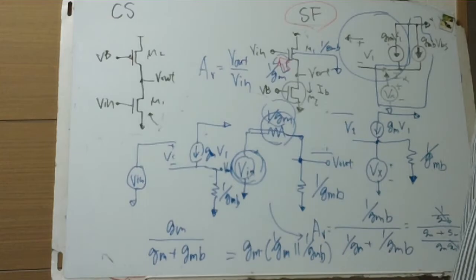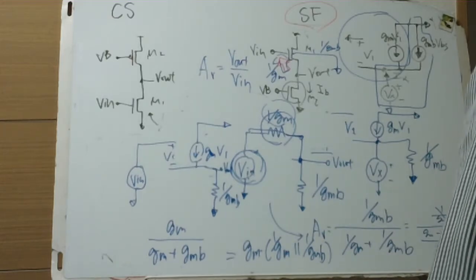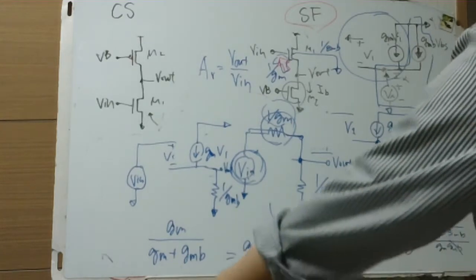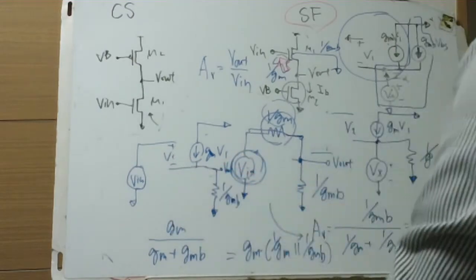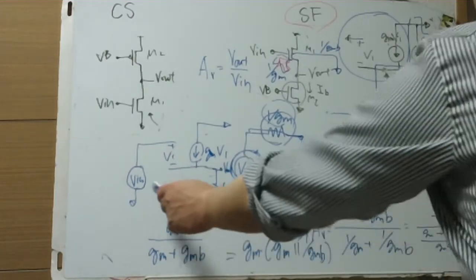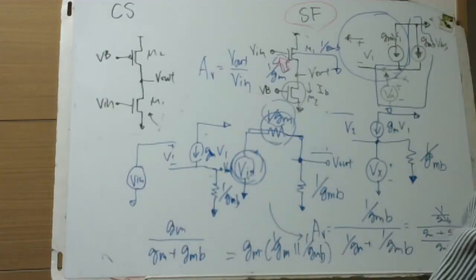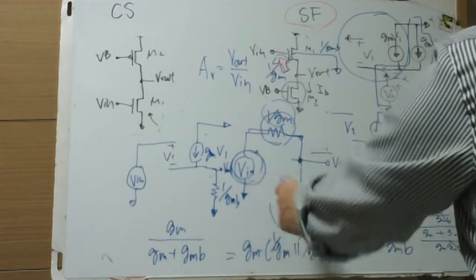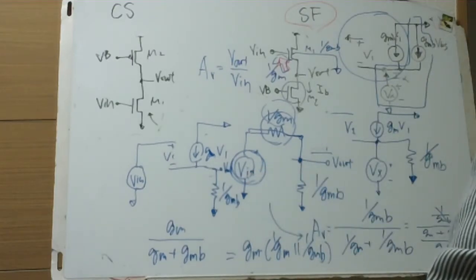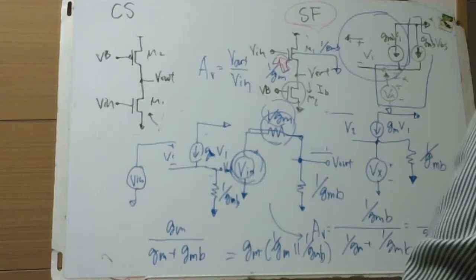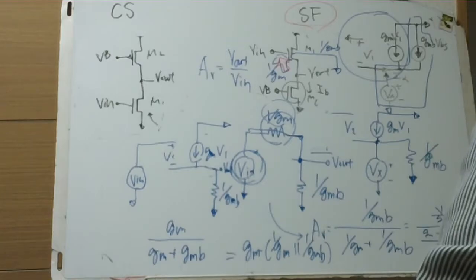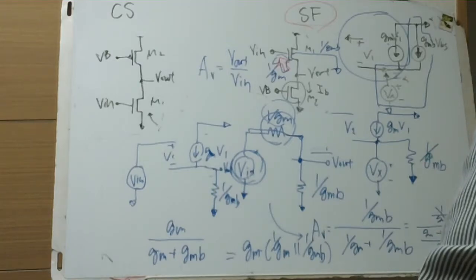And again tonight I found it very complicated to go from there to here, because this seems to be V1 but this is V out. This is V out. This is V out.